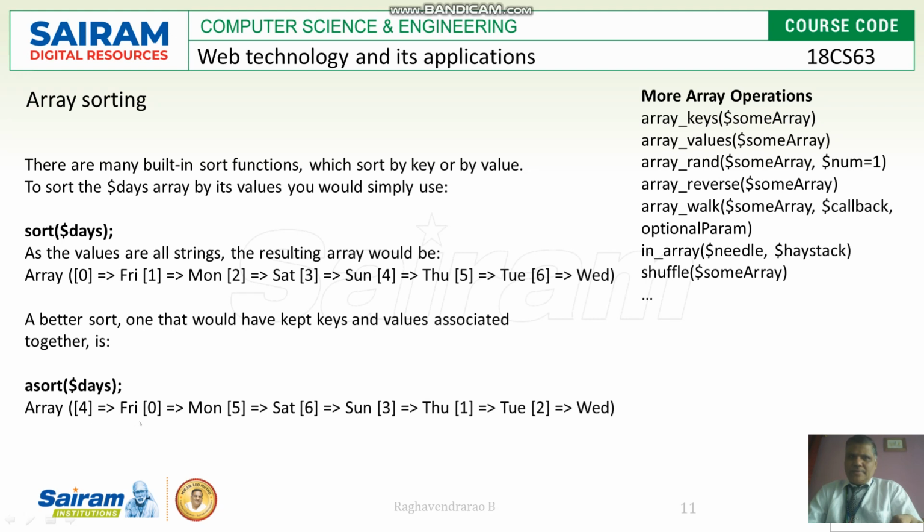Array fourth element is Friday, Monday, so it is going to get sorted with the values. Fine, like this it is getting sorted over here. Almost asort is also done: Friday, Monday, Saturday, Sunday, Thursday, Tuesday, Wednesday. Ascending order you can also sort by using the asort method. Many methods are there, so let us see those things in the examples.